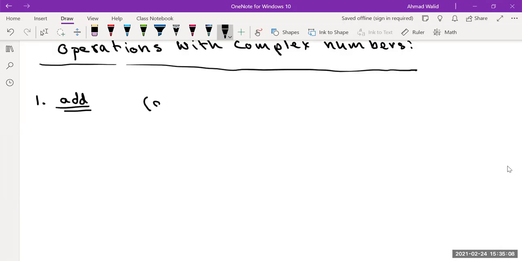If I have a complex number a plus bi, and I want to add it with another complex number c plus di, what should I do? The rule says to add the real part with the real part.